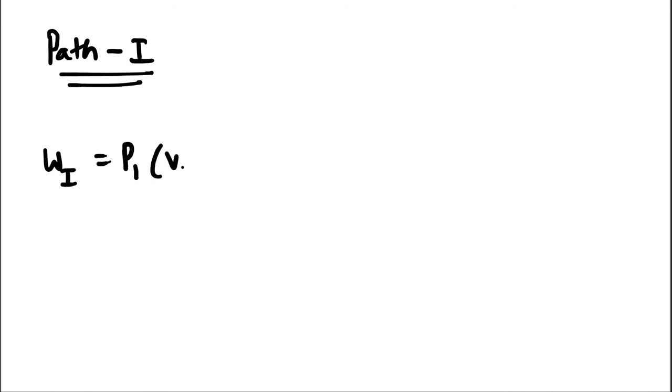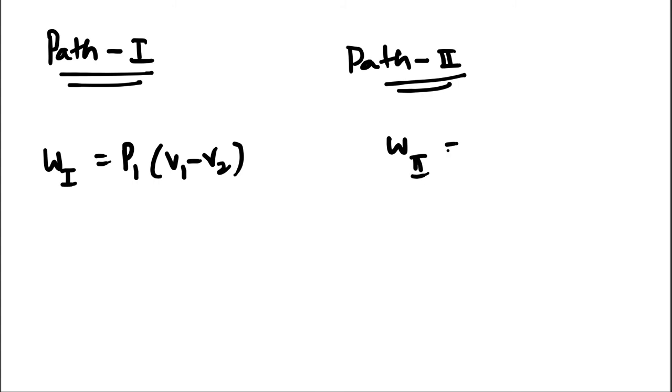Let's say path 1, what is the work? P1 times V1 minus V2. In path 2, what is the work done? W2 is equal to P2 times V1 minus V2.